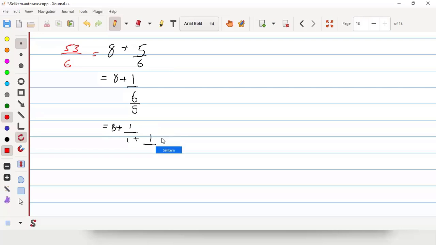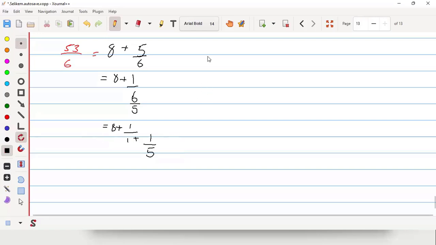One over five. Good. So we are done because you got one as the numerator. Yes, sir. So 53 over 6 as a continued fraction is 8 plus 1 over 1 plus 1 over 5.